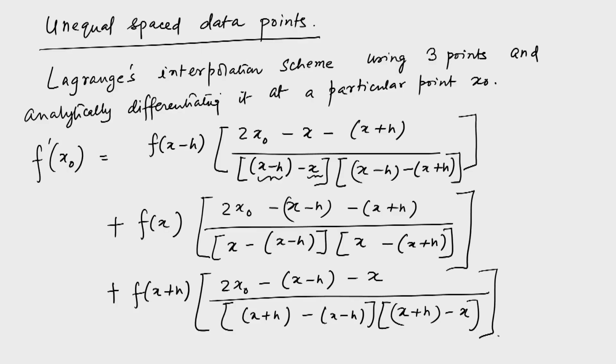Of course, here we have shown the 3 points as x minus h and x plus h and x, but in principle this works for any. So, we can have x minus h 1 and x plus h 2 and things like that, and we can build the same formula for the derivative. So, this is used for unequally spaced data points.